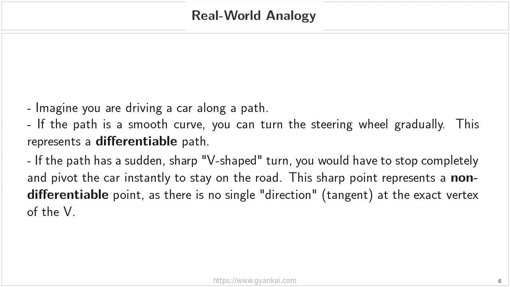The direction you were traveling from the left is fundamentally different from the direction you must take to the right. Having this geometric intuition is crucial, as it explains why the left-hand and right-hand derivatives must be equal for a function to be differentiable. Now that we understand the concept visually, let's move on to a step-by-step example to see how to calculate this mathematically.